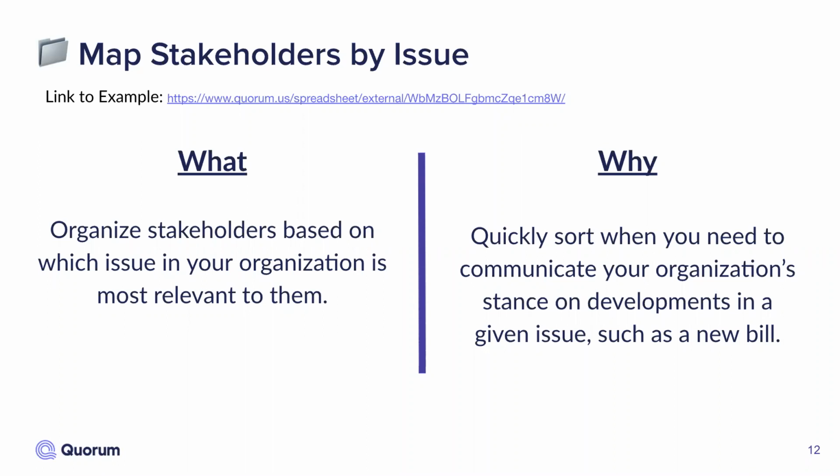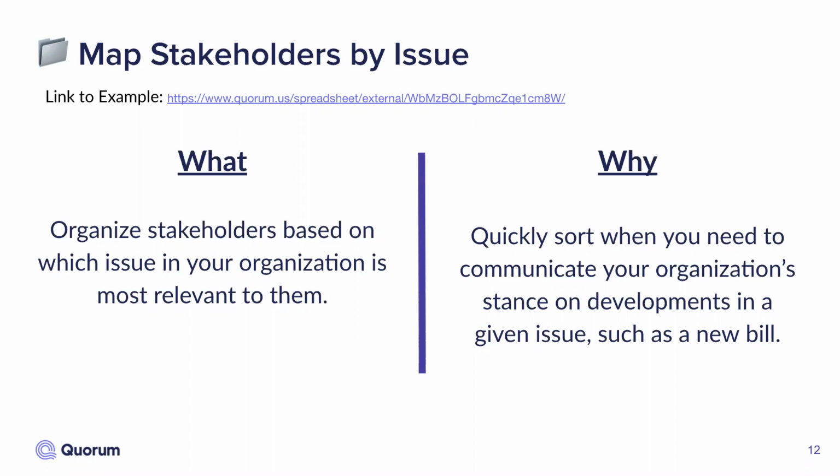Stakeholder mapping by issue is one way to map your stakeholders based on the issues that they work on or really care about, using Quorum's issue management feature. By mapping your stakeholders by issues, you can quickly answer the question, for example, what key stakeholders do we have on renewable energy?